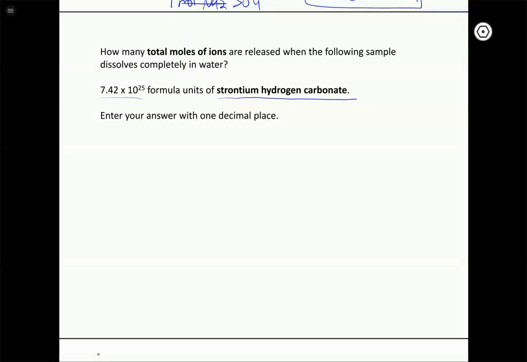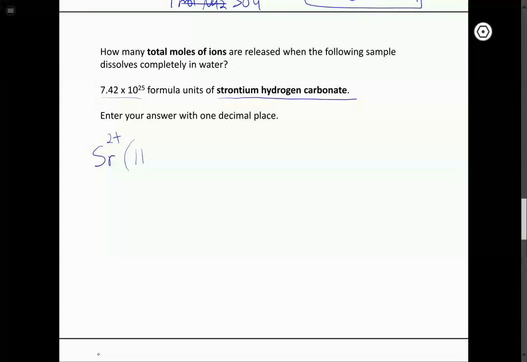So strontium hydrogen carbonate: strontium 2+, and hydrogen carbonate is HCO3-. So the correct formula for this is going to be Sr(HCO3) taken twice.